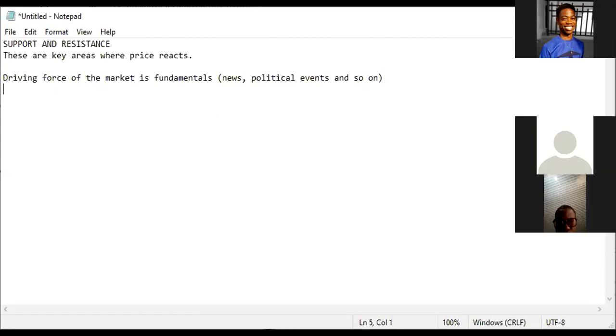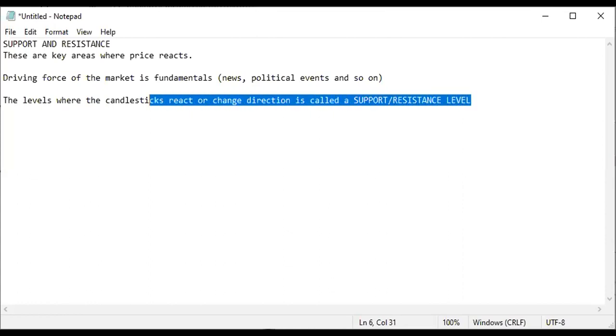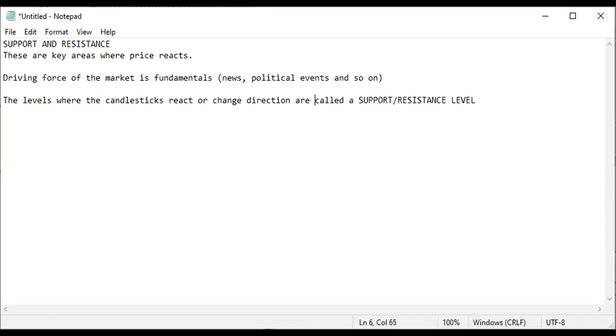So the areas, the levels where the candlesticks react or change direction are called support or resistance levels, which I'm going to be using as S and R, SNR.